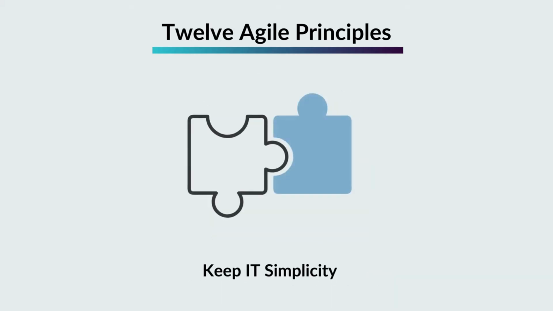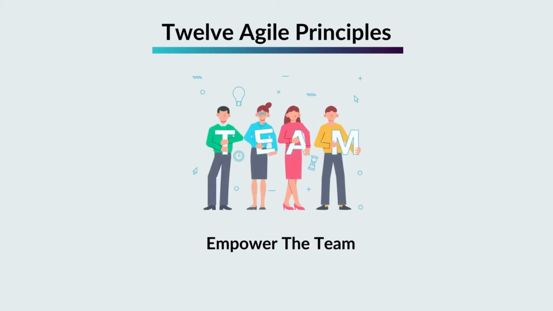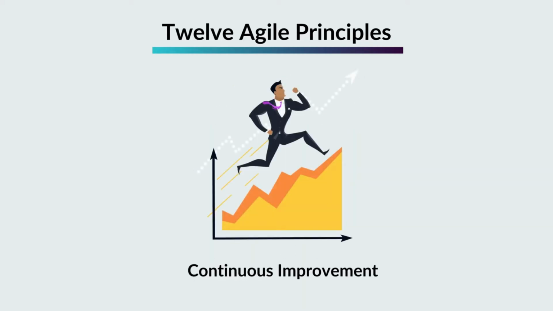Keep it simple. Simple solutions to problems may help in avoiding unnecessary troubles. Empower the team. The self-organizing team can deliver the best architecture, requirements, and designs. Continuous improvement. Focus on being more productive or effective through a continuous improvement process.